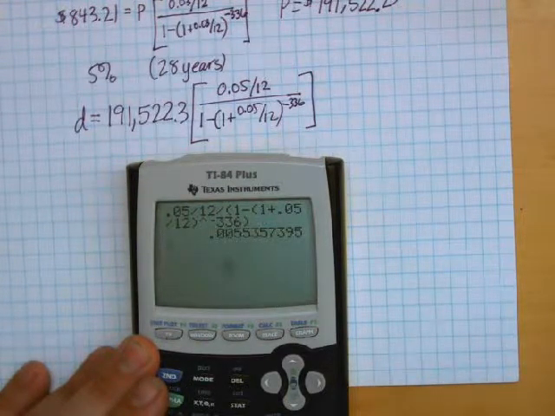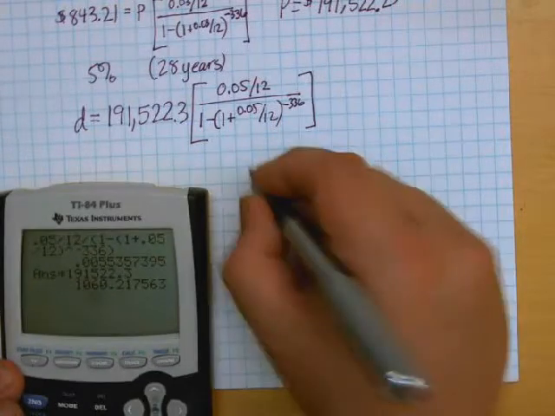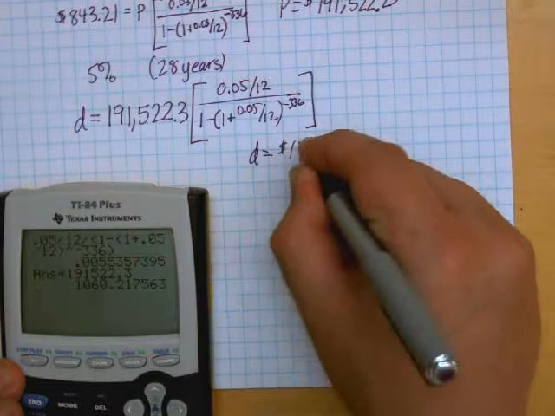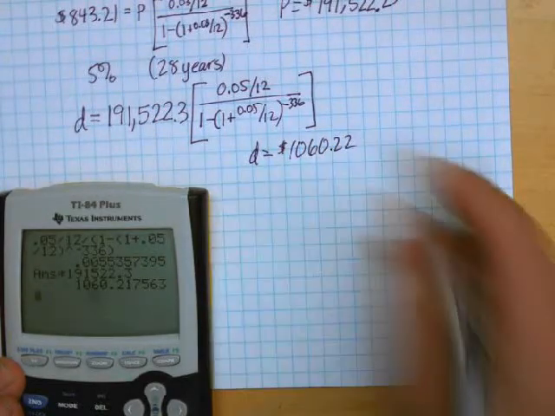Okay, so take that, multiply it by the principal. And so our payment's going to be $1,060.22.